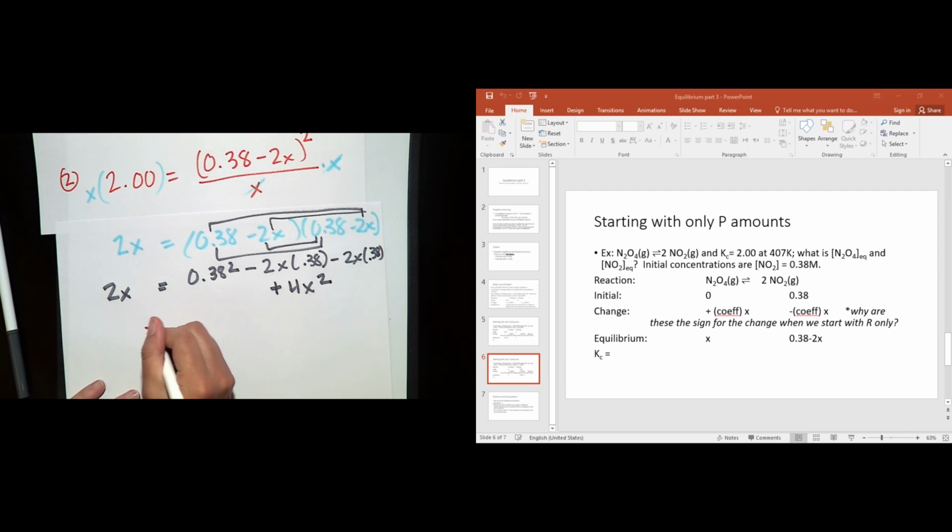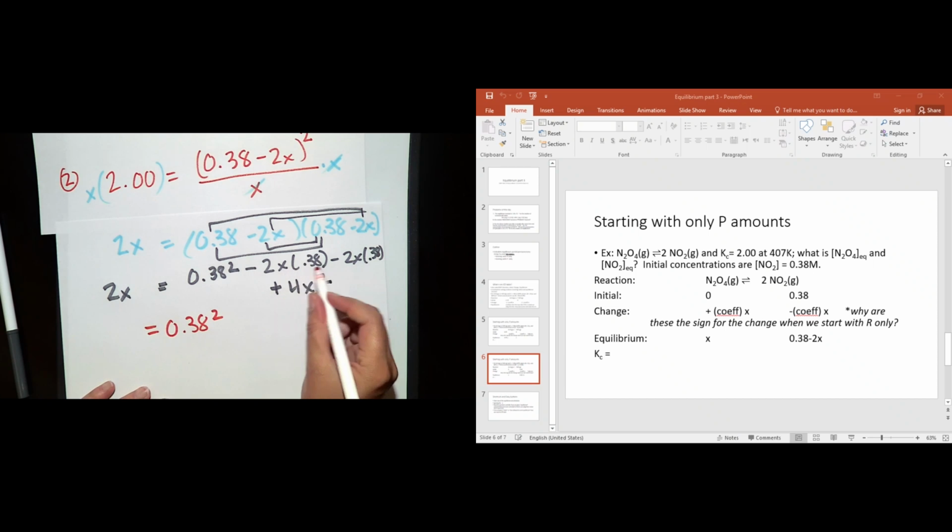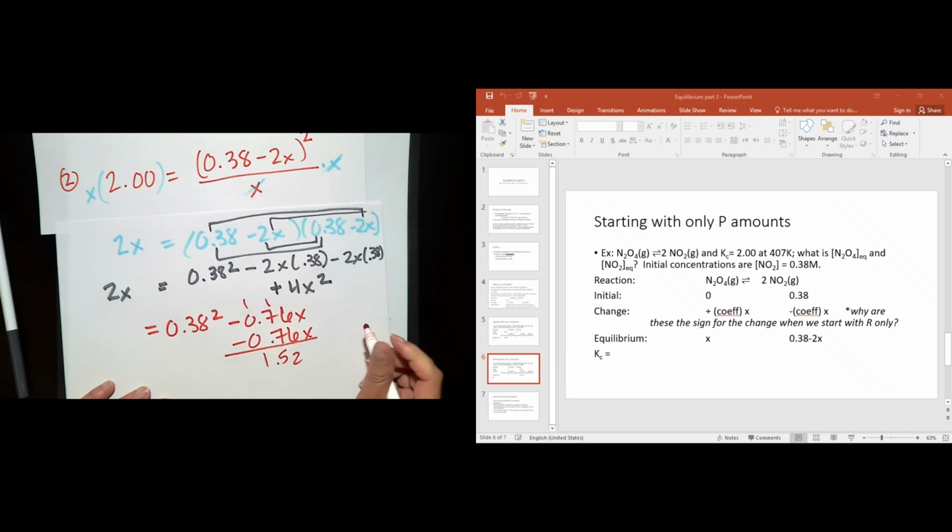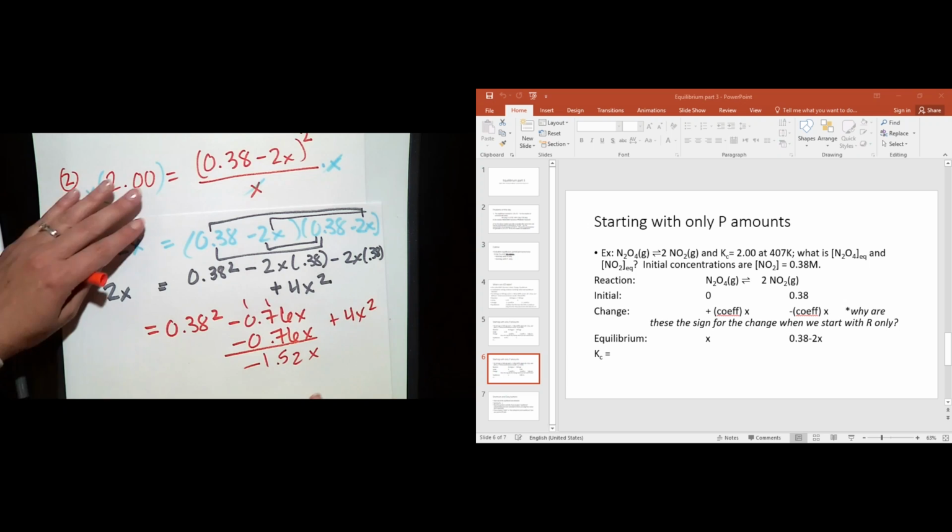Okay, so I've got 0.38 squared minus, let's do 2 times 0.38, that should be 0.76x minus 0.76x, because I have two of them. 0.38 squared is about 0.144, and minus 1.52x when I combine like terms, and then still plus 4x squared.